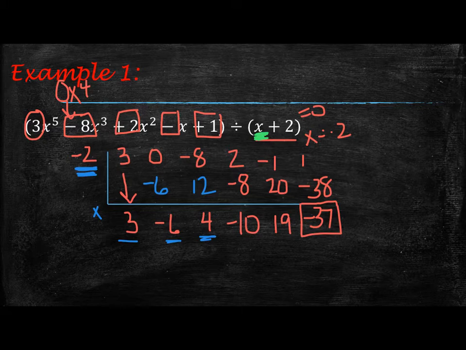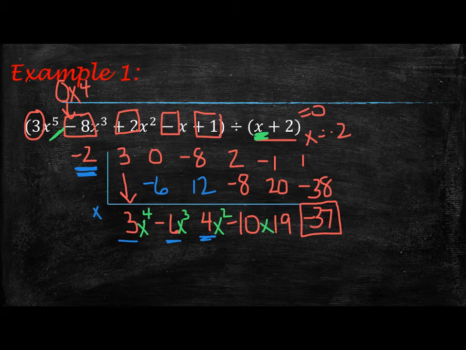So I started with x to the 5th. So this is going to go 1 less than that. So it's going to be x to the 4th, then x to the 3rd, then x squared, then x, and then the number.